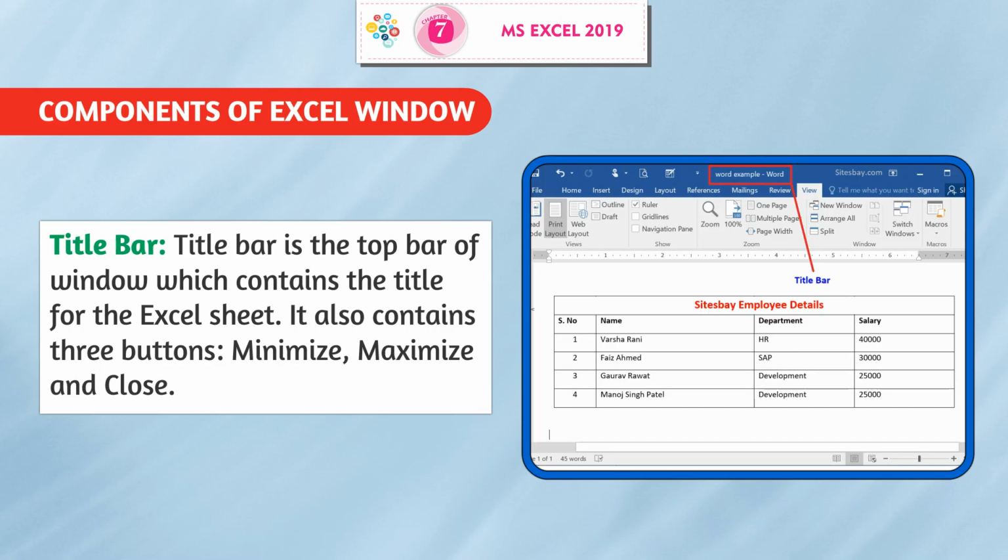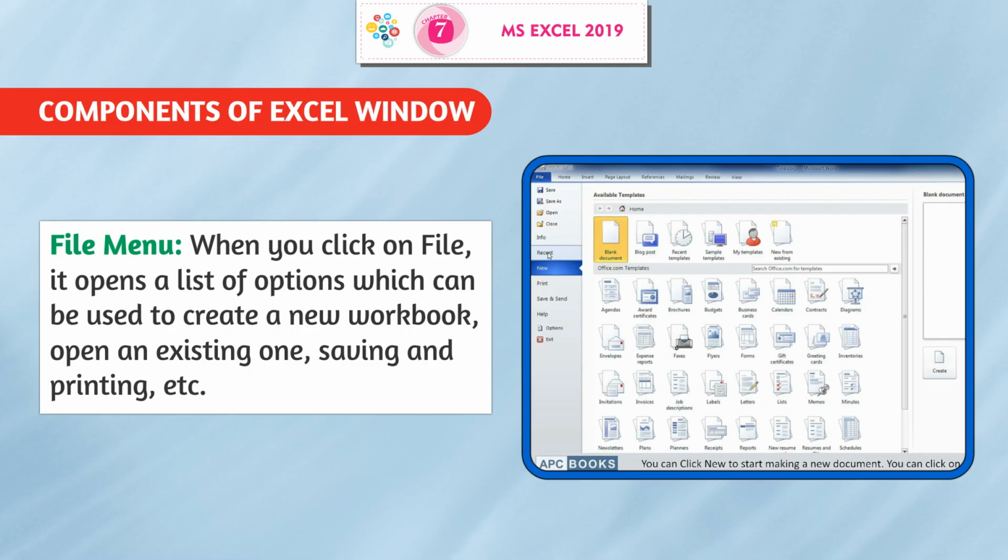Title bar is the top bar of window which contains the title for the Excel sheet. It also contains 3 buttons: minimize, maximize, and close. File menu. When you click on File, it opens a list of options which can be used to create a new workbook, open an existing one, saving and printing, etc.